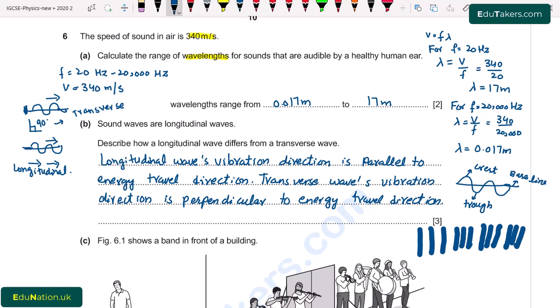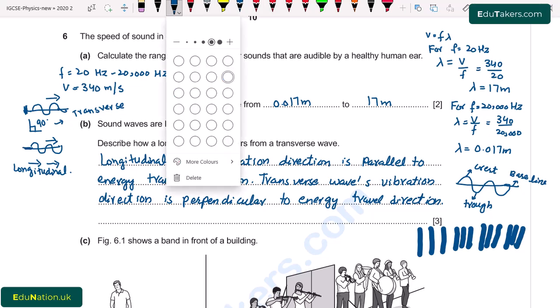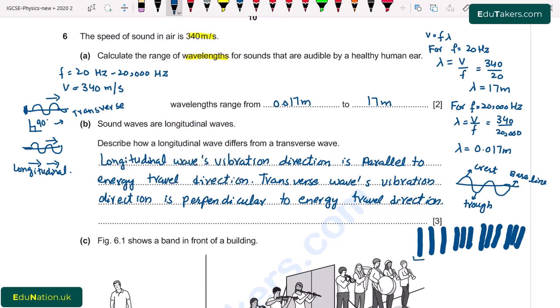So basically this is for longitudinal wave, and the portion where the waves are far apart from each other is known as rarefaction, while the portion where the waves are very close is called compression.